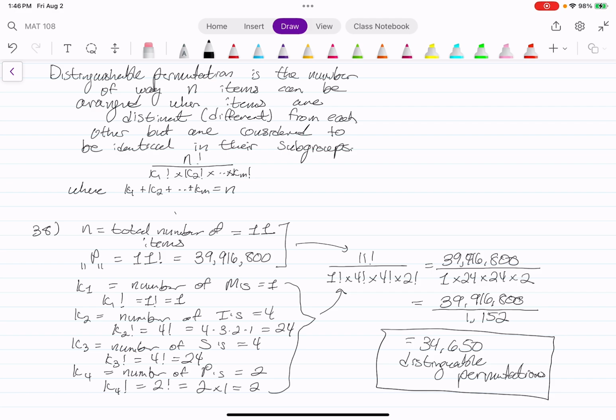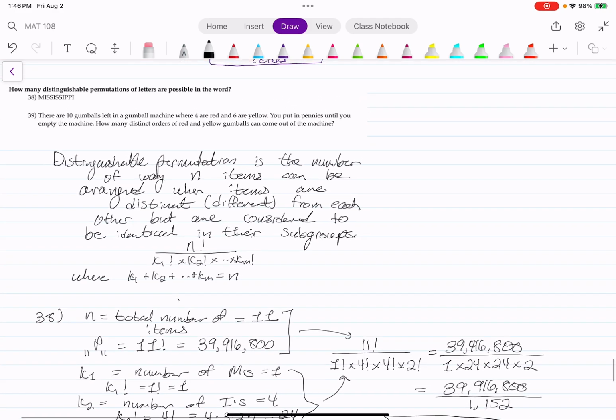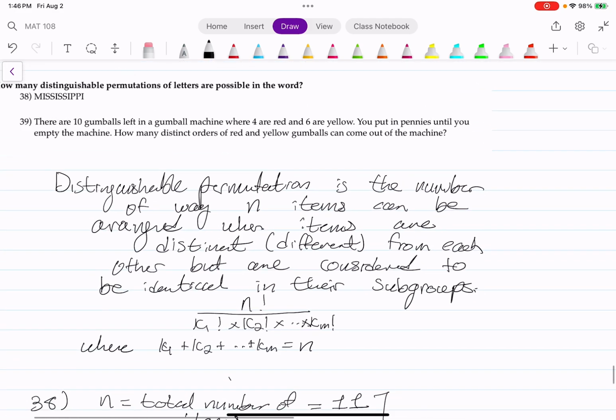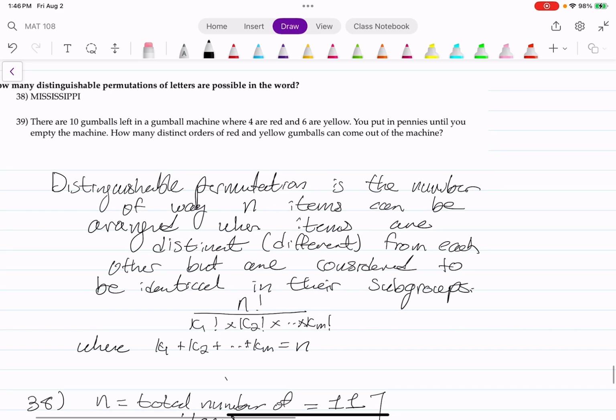And that's going to help us also answer question number 39. Because when you read question number 39, it says there are 10 gumballs left in a gumball machine where 4 are red and 6 are yellow. You put pennies until you empty the machine. How many distinct orders of yellow and red can come out of the machine?